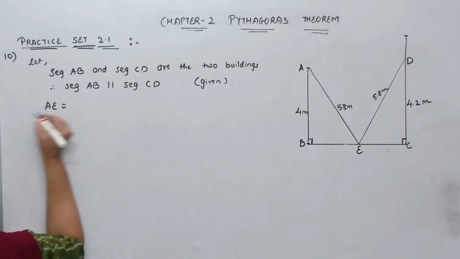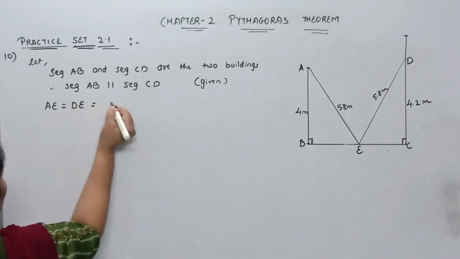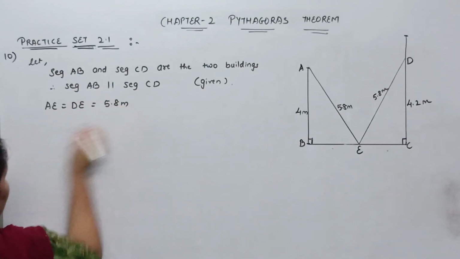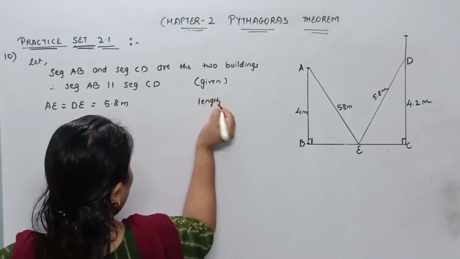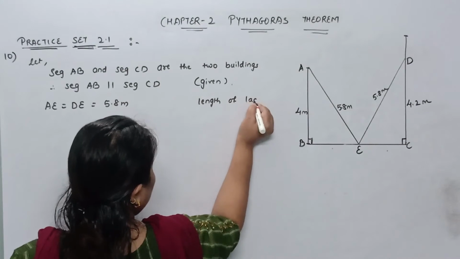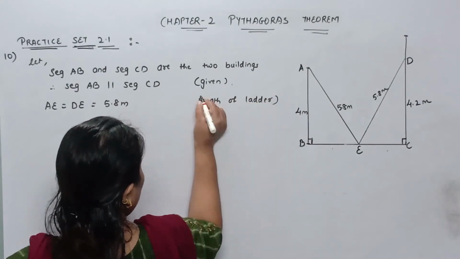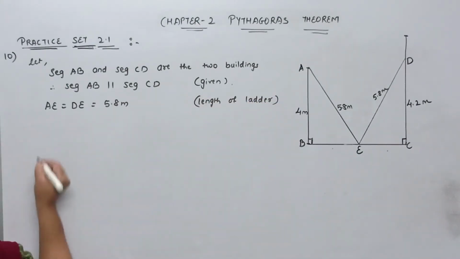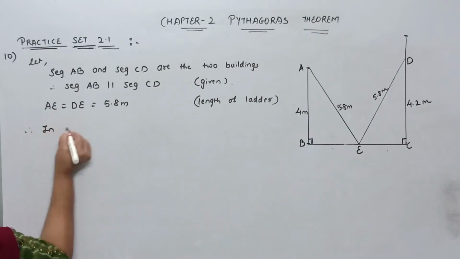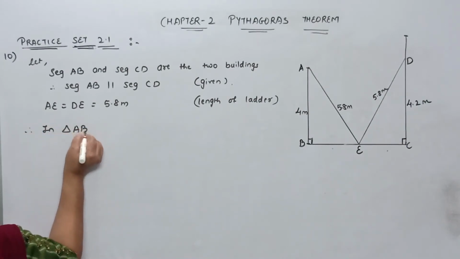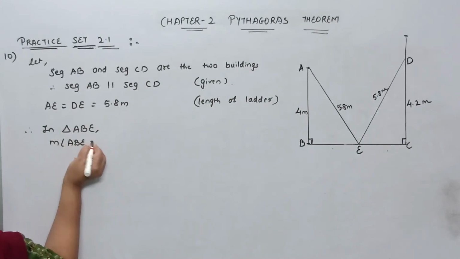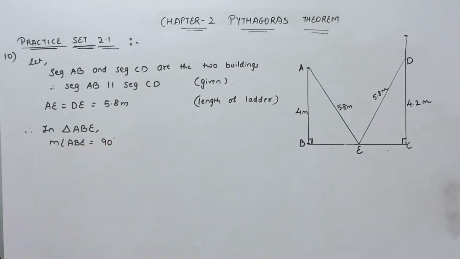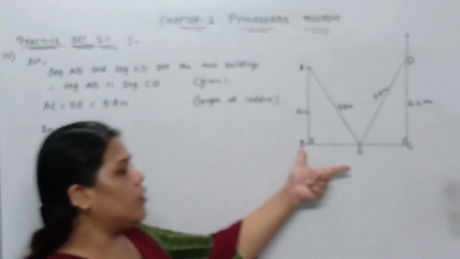AE equals DE equals 5.8 meter, that is the length of the ladder. Right? Therefore, in triangle ABE, measure angle ABE is equal to 90 degree because AB is perpendicular to the street. So it is 90 degree.